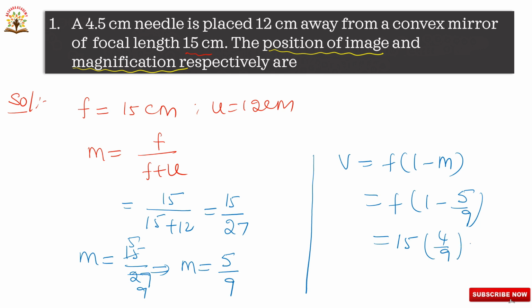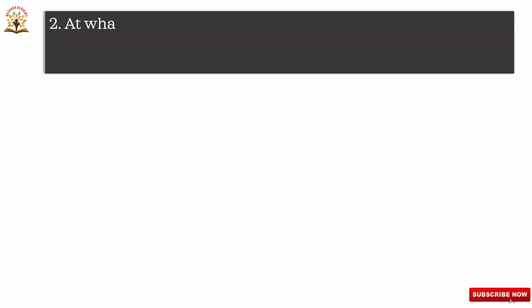So 15 into 4 is 60 by 9. Therefore v is equal to 60 by 9, that is equal to 6.7 centimeter. So the position of the image v is 6.7 centimeter. This is the final answer. Okay, next we will go to the next question.